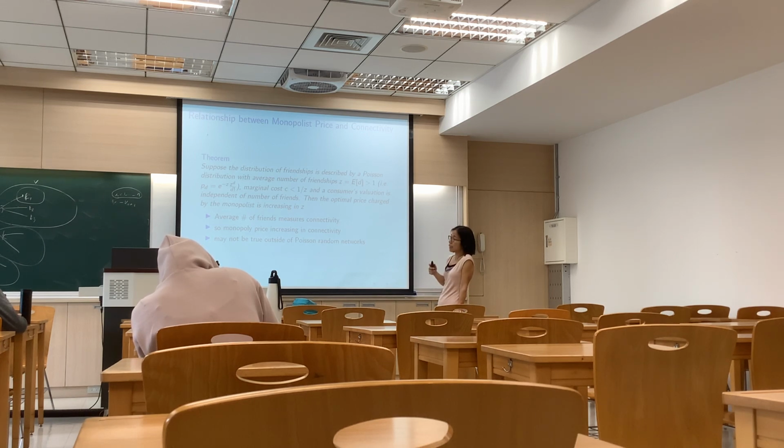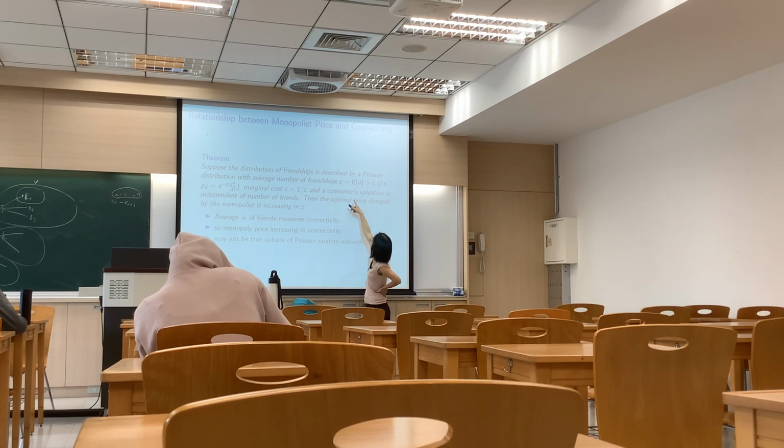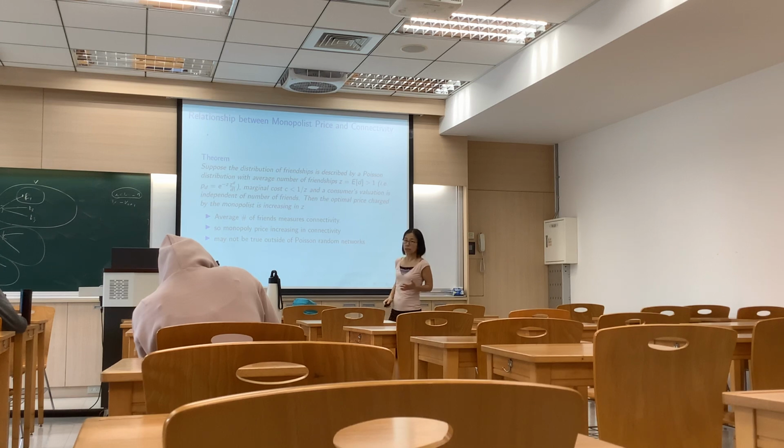They look at clustering, they look at connectivity. So here's one result on the relationship between monopoly price and connectivity. They have to assume that the distribution of friendship is described by a Poisson distribution with average number of friendships, so that the expected degree is equal to z. That is, z has to be greater than 1 for a giant component to exist.